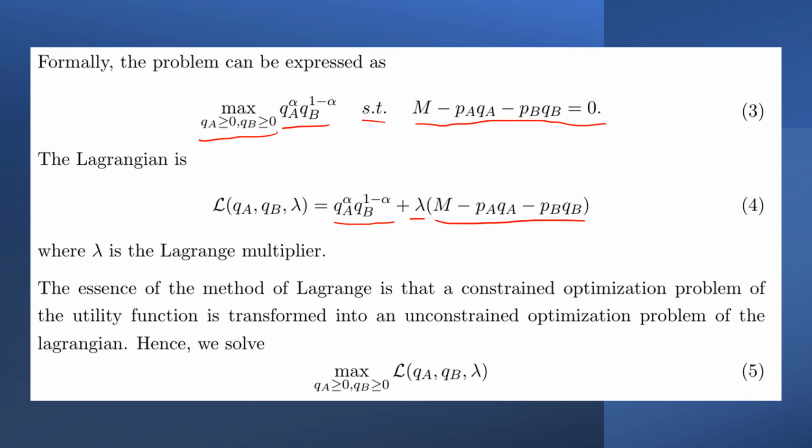The basic idea of the Lagrange method is that we take a constrained optimization problem and transform it into an unconstrained optimization problem, which is much easier to solve. So when we solve the problem of maximizing the Lagrangian, we will, in effect, also solve the problem of maximizing the Cobb-Douglas function subject to the budget constraint.